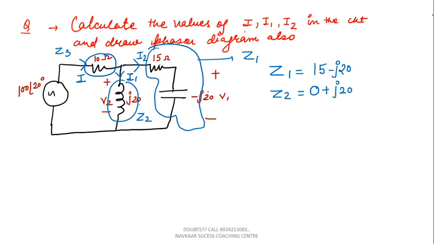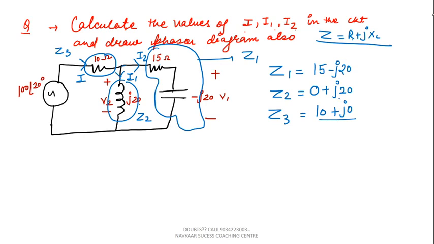They have given J, which means they have given the value of XL and XC. Now focus on Z3. Z3 is R, given as 10, plus no XL is given, so it would be J0. As you know, Z is in the form of R plus J XL. If the R value is given, write it down. If the XL value is not given, put 0 instead.